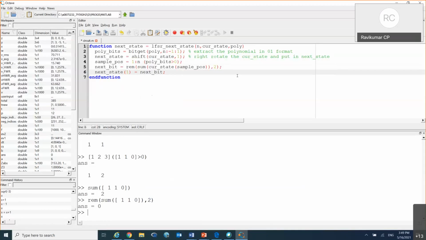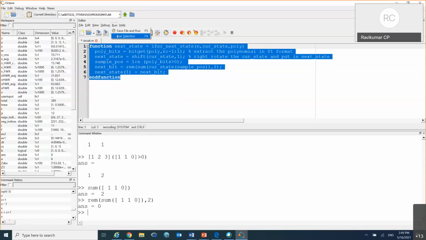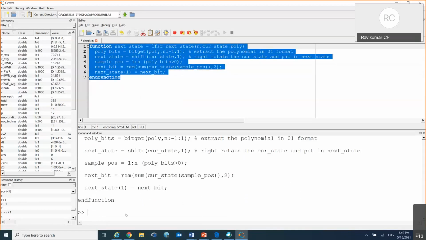Okay. So let us try applying it here. So suppose I take LFSR next state. Let us take a 3-bit LFSR. The current state is, let us say, 110. And the polynomial for the 3-bit LFSR is 110.